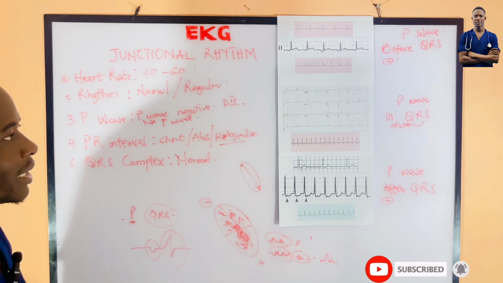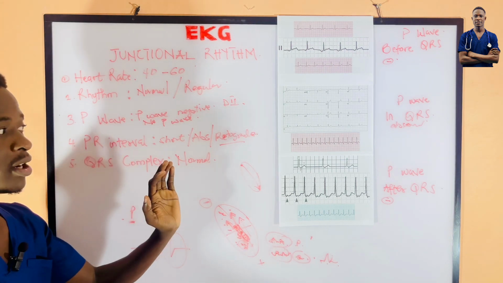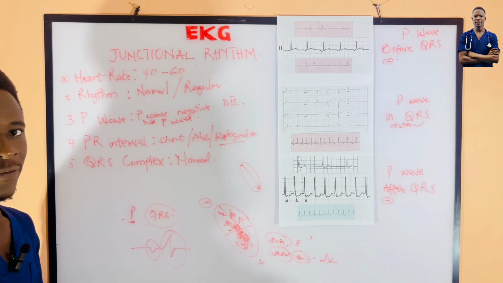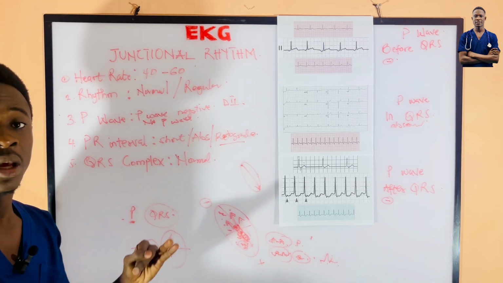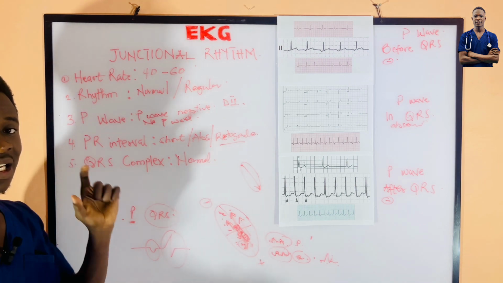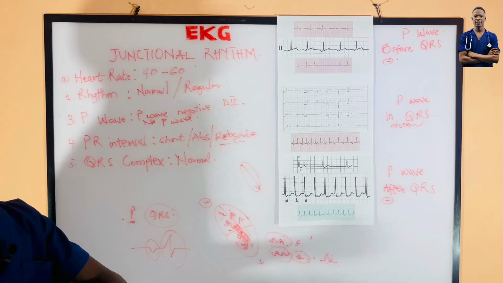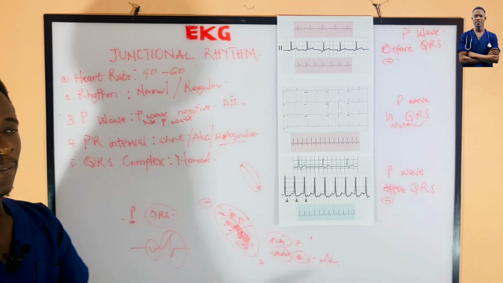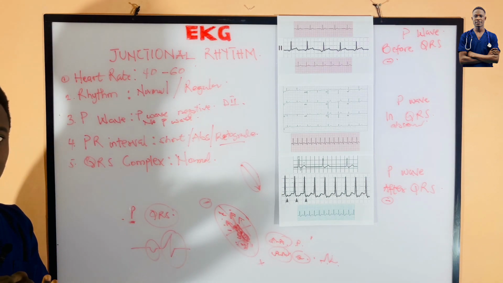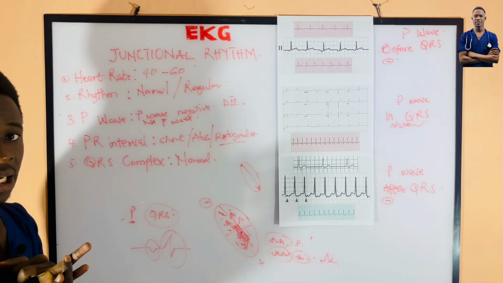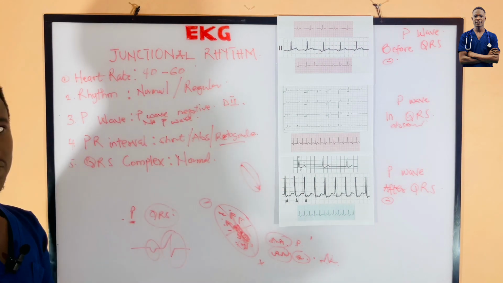So these are the information you will need to identify a junctional rhythm in the EKG graph. First, you must know the heart rate. The heart rate must be between 40 to 60, because that is the rate generated at the AV node. Second, the rhythm must be regular. Third, the P wave must be negative, or you cannot see it, and the P wave must also be after the QRS complex.